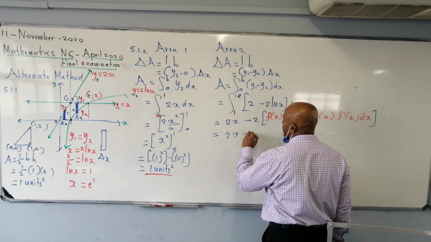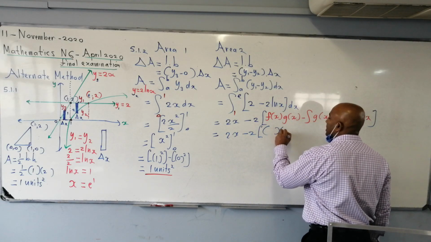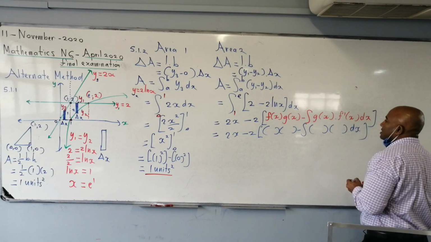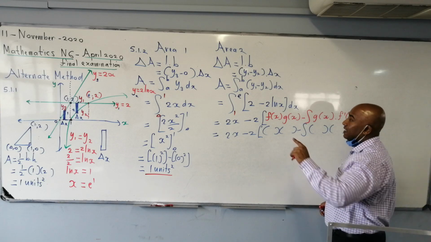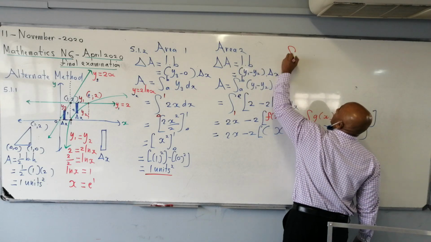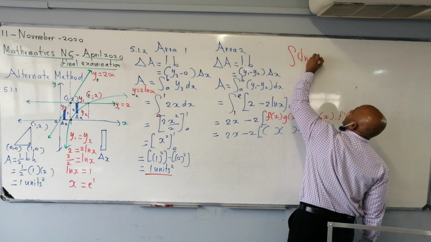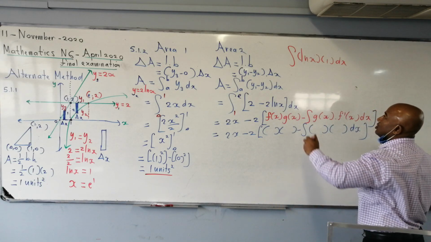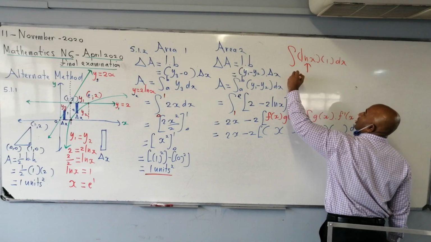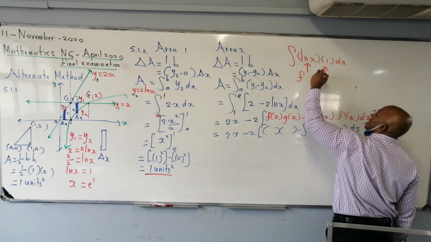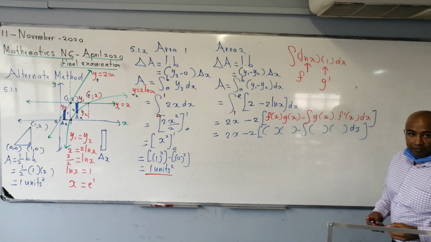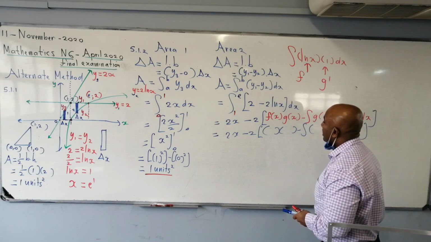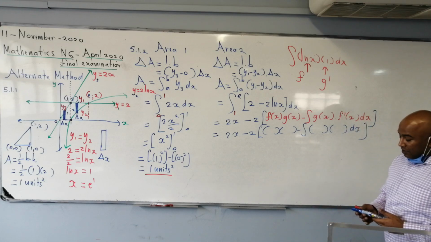We got 2x minus 2 times f of x g of x minus the integral of g of x f prime x dx. When you integrate ln x, it's going to be ln x times 1. So this is going to be f and this is going to be g prime. We have done this previously, so we shouldn't have any problem working this one out.